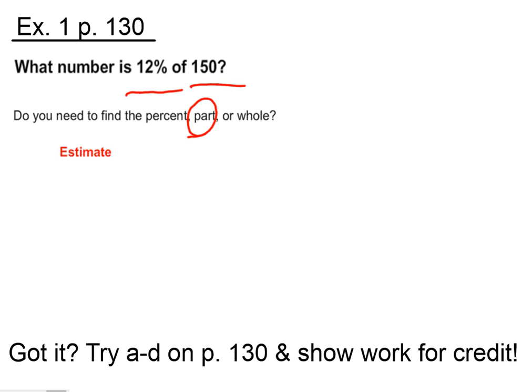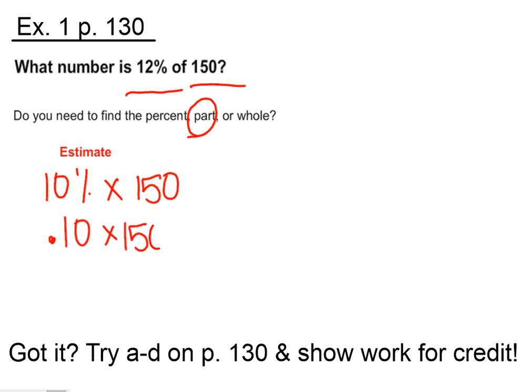So I'm going to change 12% to 10%. Of means multiply by 150. So 10% is really the same thing as 0.10. So 0.10 times 150.